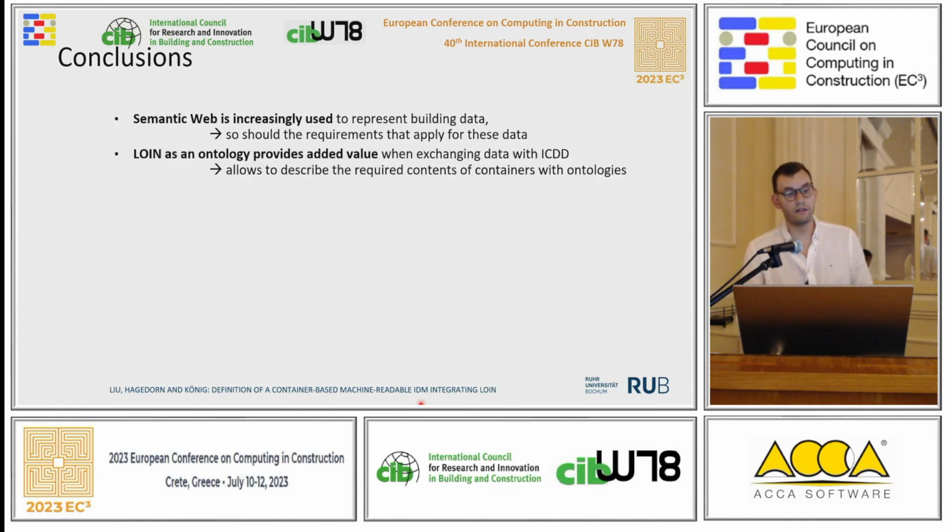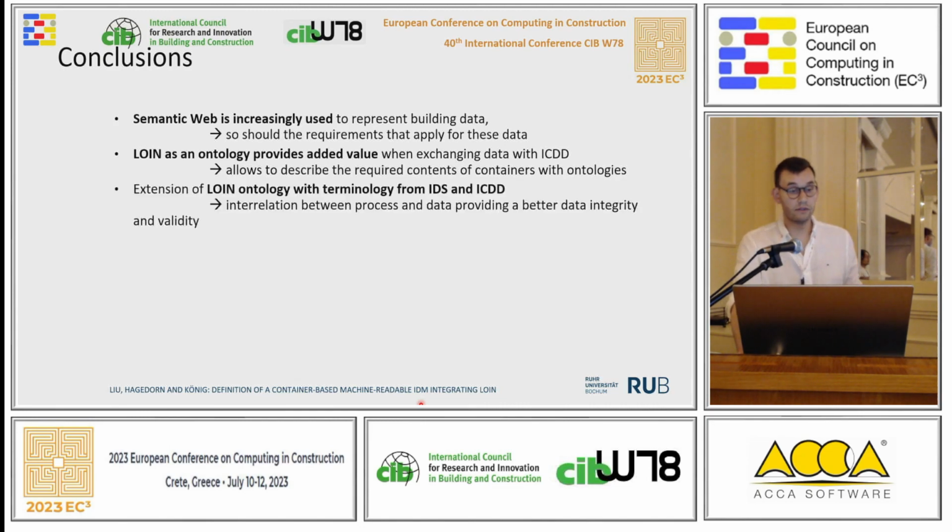From that on, we developed this LOIN ontology, and this LOIN ontology, as we just have seen, provides added value, especially working with the ICDD container, because now it is all integrated. So we can now also check the requirements of the container and prove that the contents are actually delivered.